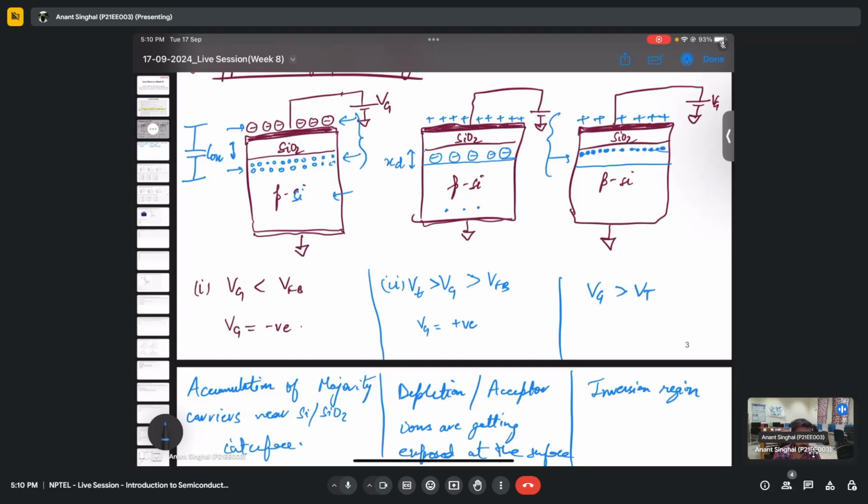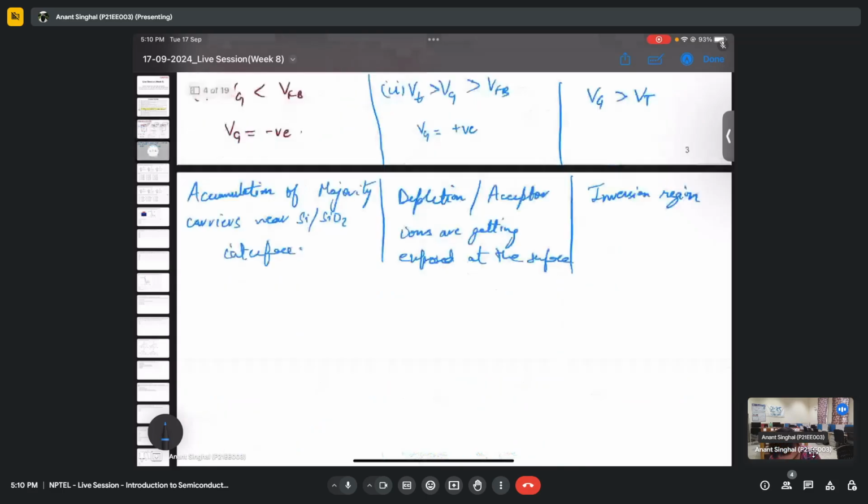And we also saw in the band diagrams that the Fermi level is crossing. I hope you remember this was something like this. So this was EF, and here it was crossing this EI.